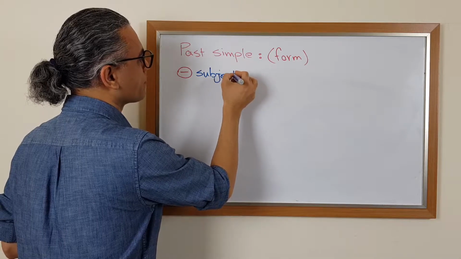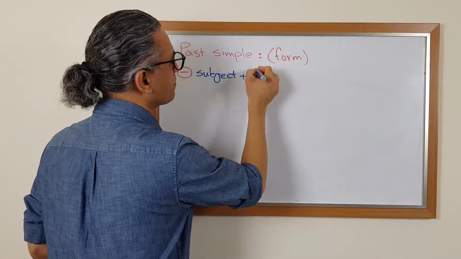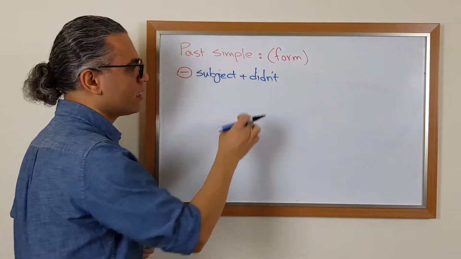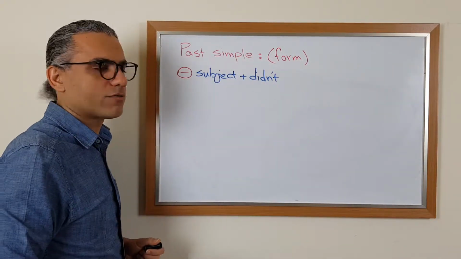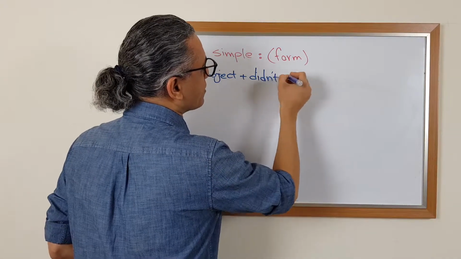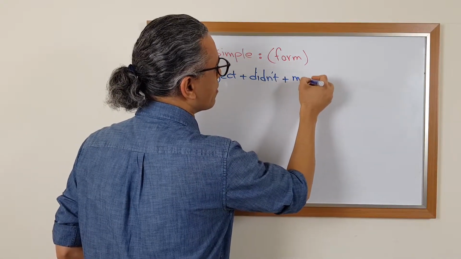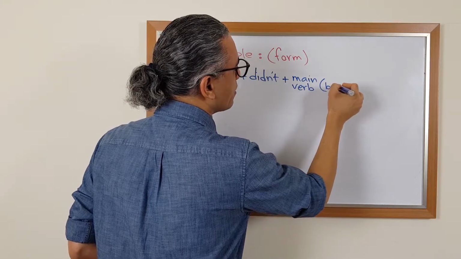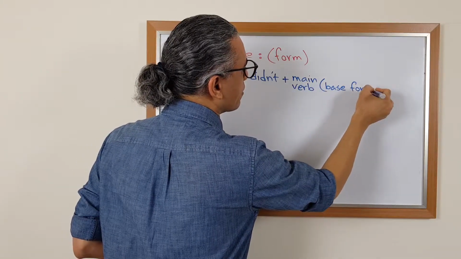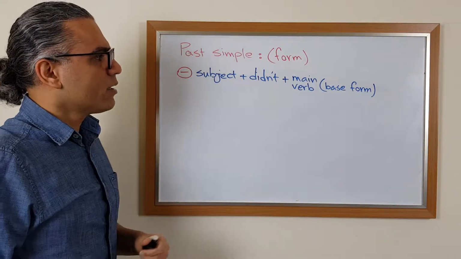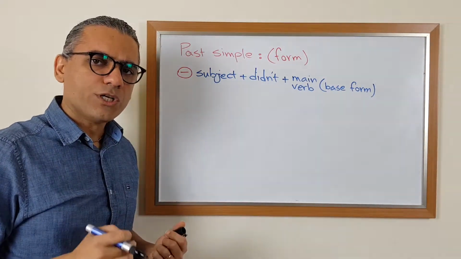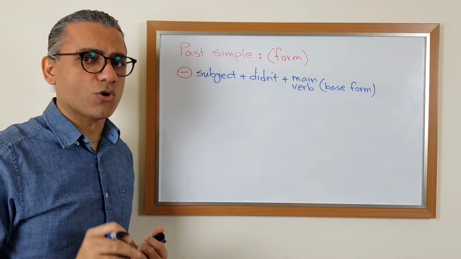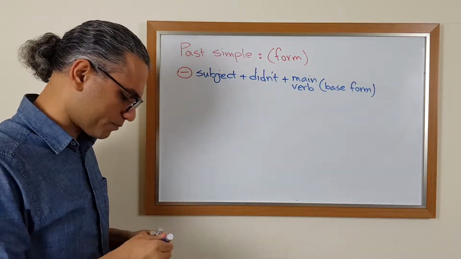When we add, we start the sentence with subject plus didn't or did not, and this is the contracted form of did not, plus main verb in base form. Whenever we are writing a sentence, we need to know the form of the main verb, and that is a very important thing to know when you're writing a sentence in English.